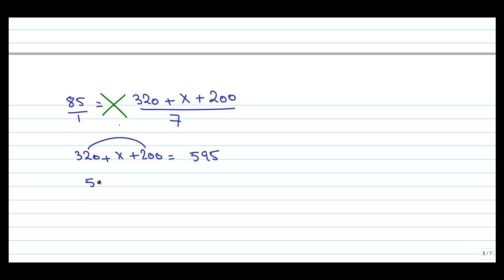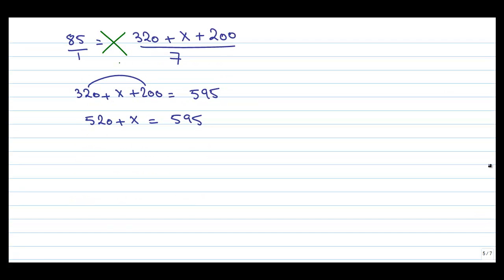We add the 200 and 320, and we get 520 plus X equals 595. And from here we get X, which is 75.